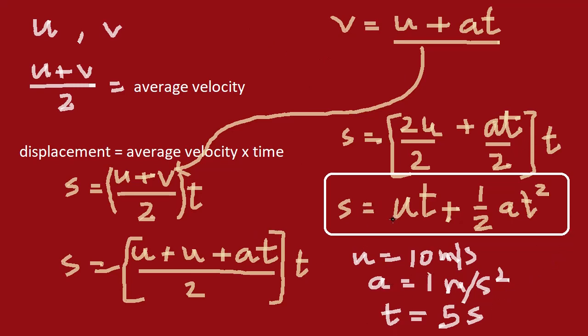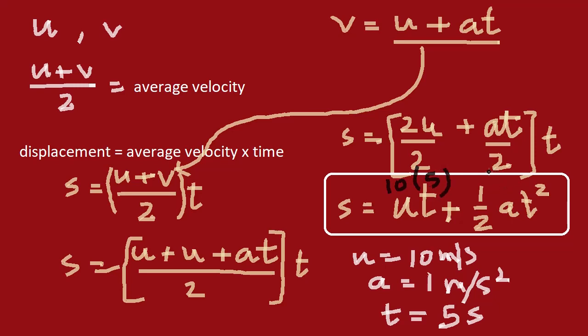We'll just plug in the values in place of u, t and others. Instead of u we put 10, and for t we put 5, so this becomes 50.